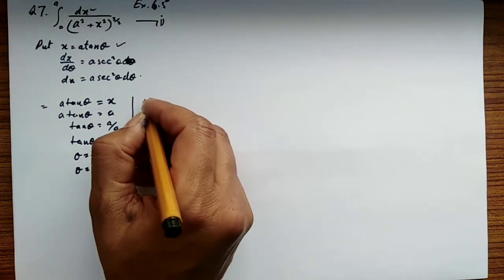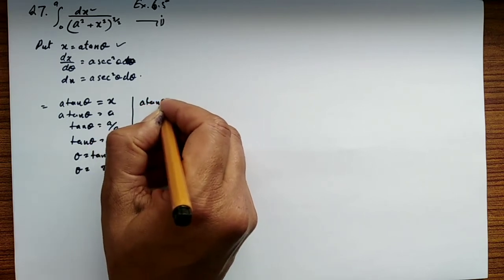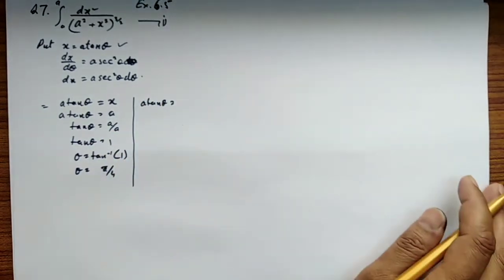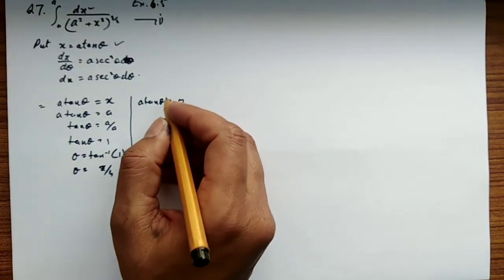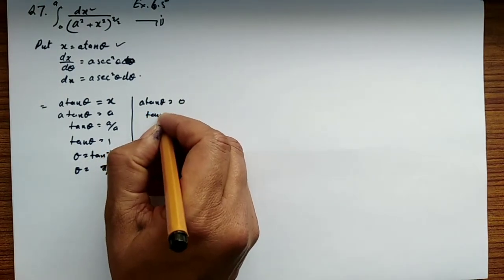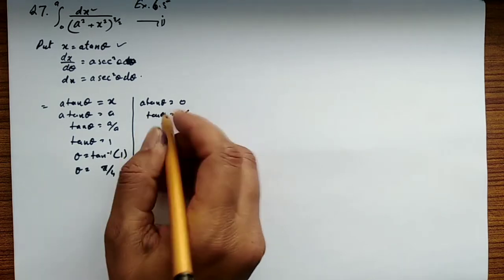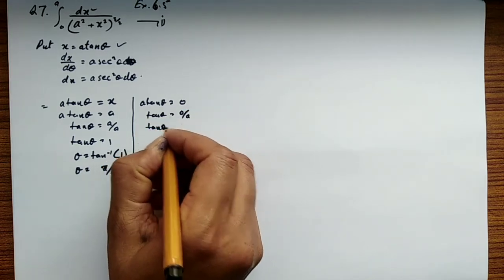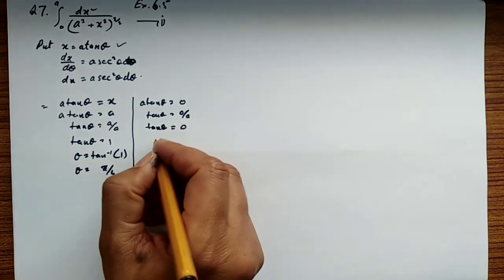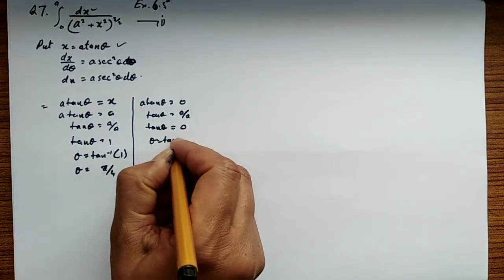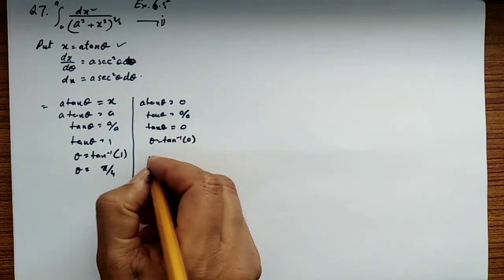Similarly the second limit, a tan theta is equal to x. In place of x, let's suppose we substitute 0. Tan theta is equal to 0 upon a is 0. Tan theta is equal to 0, and theta is equal to tan inverse of 0.